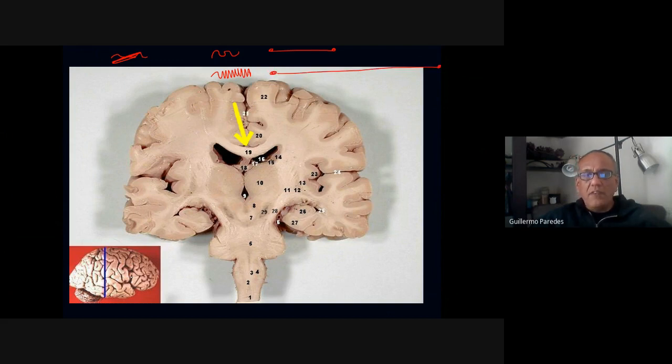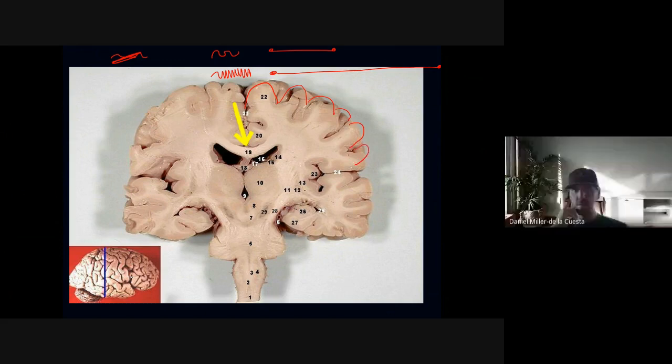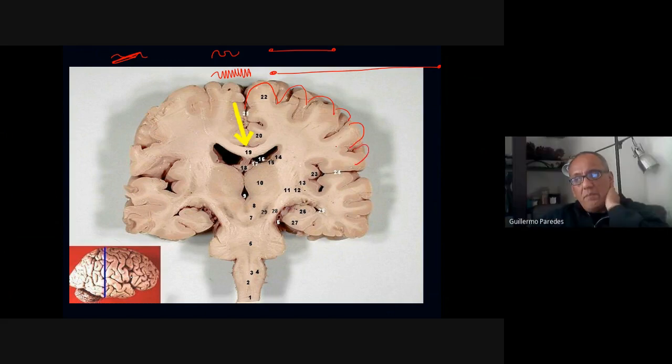So we have these ups and downs because we want more surface for gray matter. We have more gray matter than other animals. So that's why we have more of these gyri. We have many more in order to increase the surface area for the gray matter. That is the difference between us and animals. We okay with that?